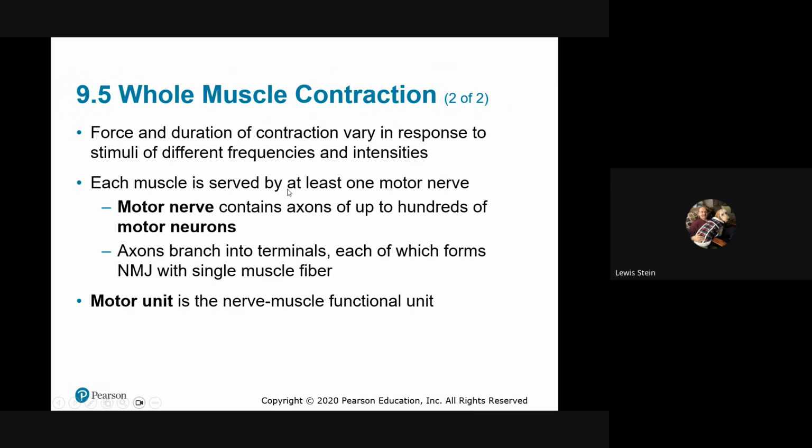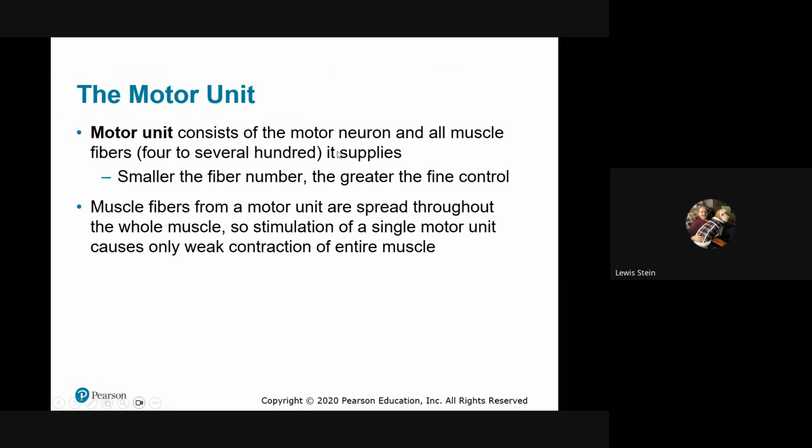Each muscle is served by at least one motor nerve. The motor nerve contains all of those axons, tons and tons of axons, hundreds, if not more. Those axons branch into terminals, each of which forms the neuromuscular junction with a single muscle fiber. We refer to that as the motor unit: the motor neuron and all of the fibers it serves.